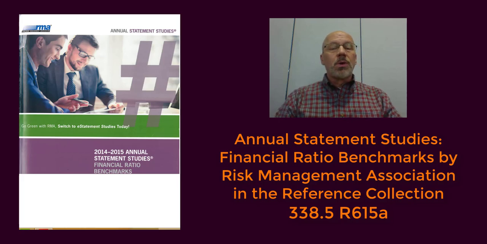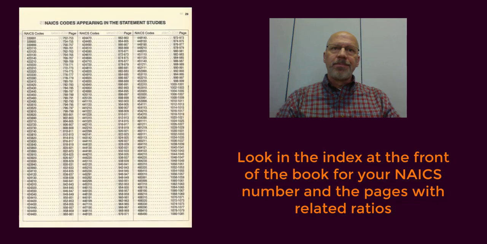To use this source, you will need the NAICS code for your company or industry, because this source is indexed by the NAICS code. And here's an example of the index page.